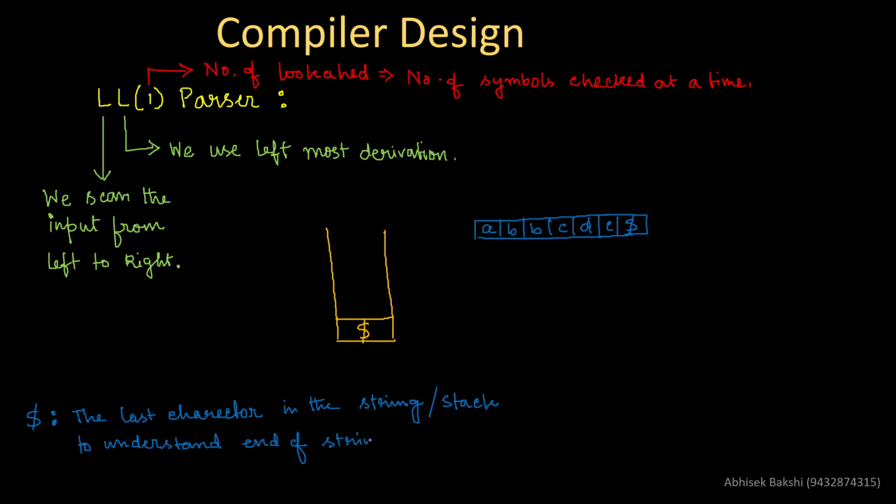You can imagine this the same way as the concept of a string in C: a character array ending with a null character, a special character that shows the string ends. Similarly, dollar here. So this is our input string.